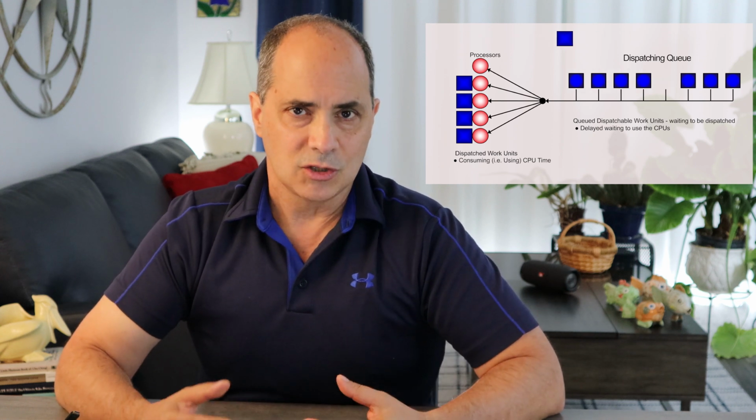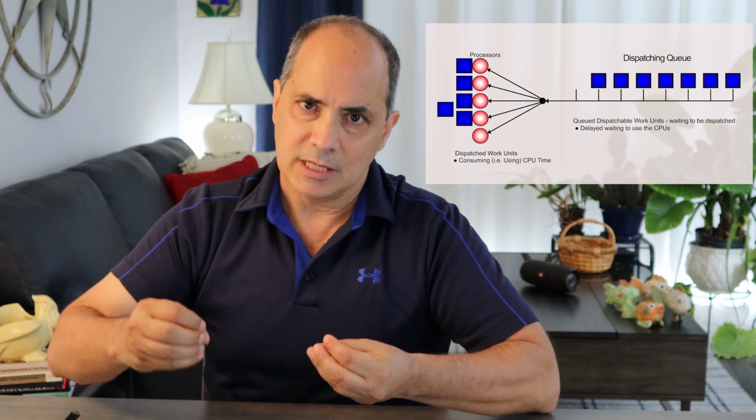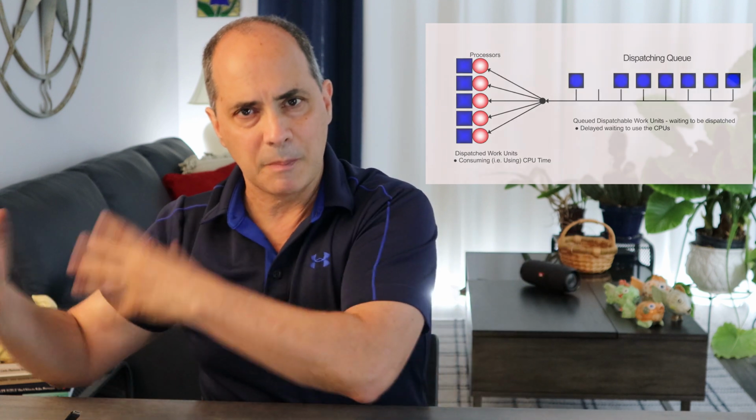That queue of work waiting to use the CPU needs to be prioritized so that certain work can be placed at the front of the queue, other work could be placed at the back of the queue, and then other work could be placed somewhere in the middle of the queue. And that is done through CPU dispatching priorities.